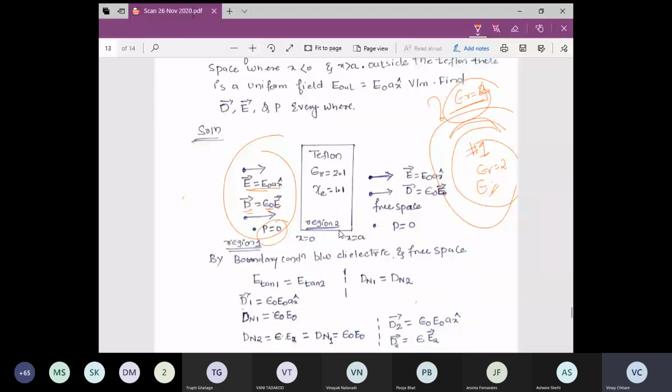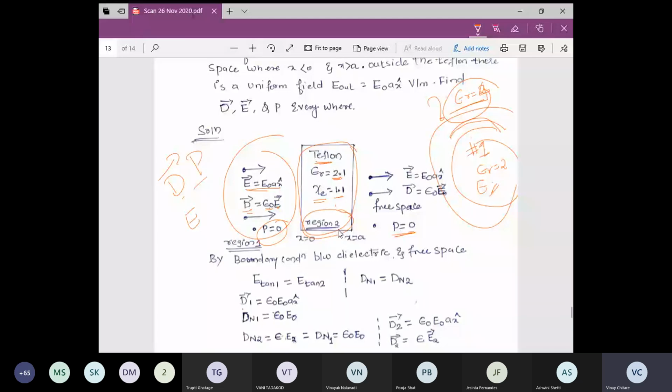Here also we have free space, and here I have a region with a dielectric material, Teflon, with epsilon r as 2.1 and chi e as 1.1.